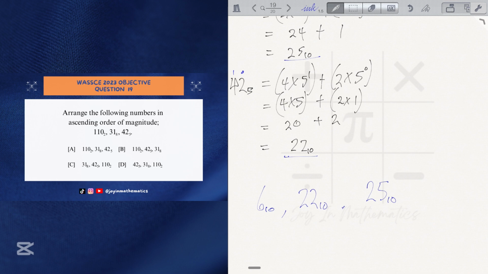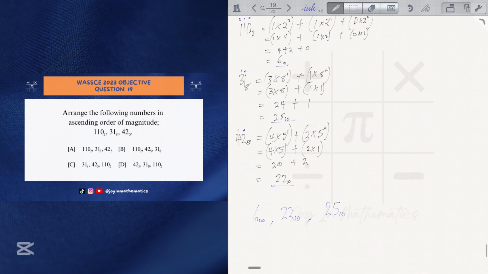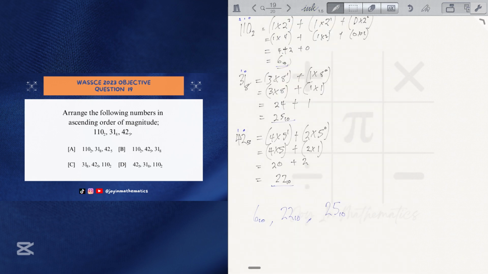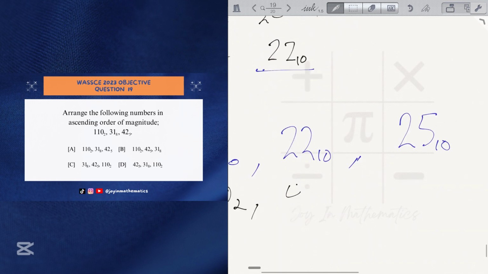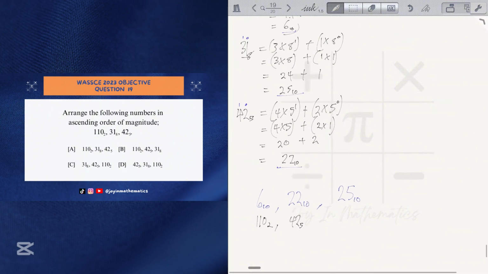Now if you look at the options, it's not in the question like this, so we'll just have to rewrite them in terms of the original base. So we can see now that 6 base 10 is equivalent to 110 base 2, 22 base 10 is equivalent to 42 base 5, and 25 base 10 is equivalent to 31 base 8.